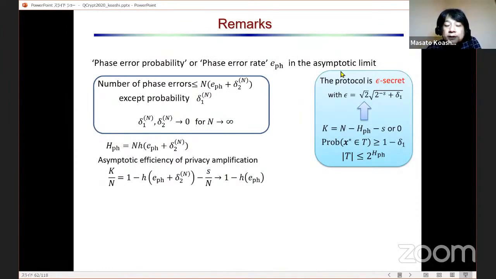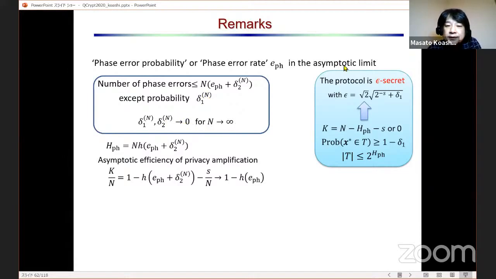In the asymptotic limit, sometimes people talk about the phase error probability or phase error rate. The precise meaning of this quantity is like this: you can bound the number of phase errors to be this value, slightly larger than n times the phase error rate, and this inequality is true except with small probability. But these two quantities converge to 0 in the limit of large n.